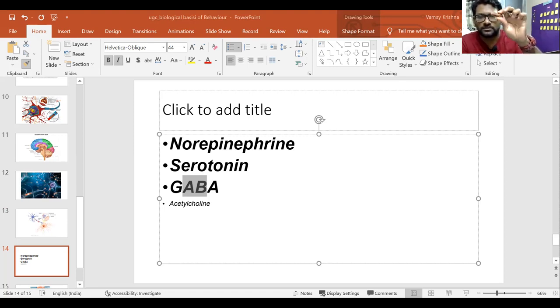Like that, polypeptide means many monomers forming a single polypeptide. There are different types of peptides which act as neuromodulators, released by small groups of brain neurons.